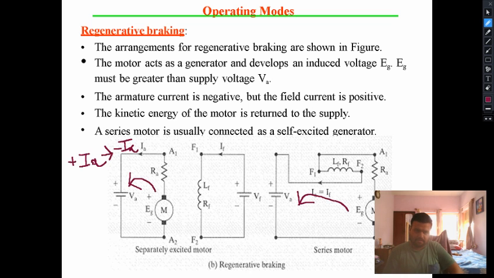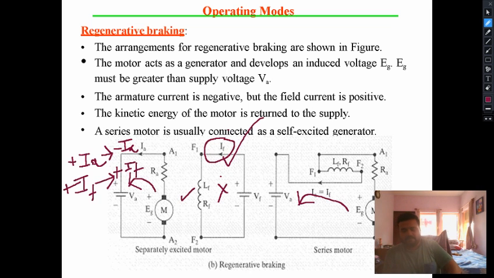But if you see the field current in this particular case, the field current remains as it is. It is always plus IF because you have not changed the field circuit. So the direction of the field current is this one. So what about the torque?